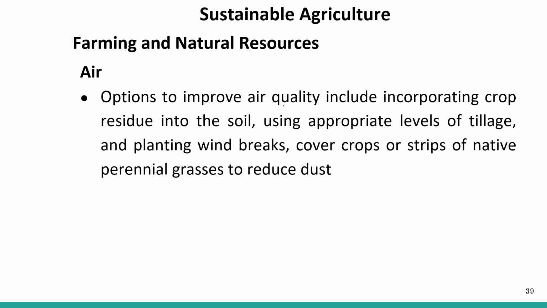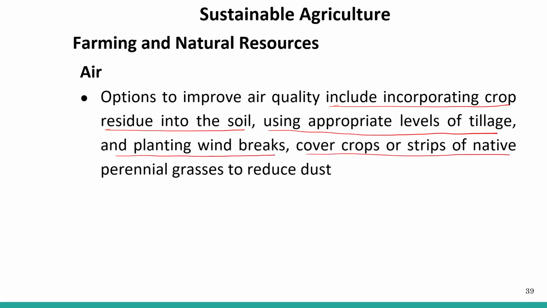Options to improve air quality include incorporating crop residue into the soil, using an appropriate level of tillage, and planting windbreaks, cover crops, or strips of native perennial grasses to reduce dust. So there are so many options that we can go for, like cover crops or strips of native perennial grass to reduce the dust.